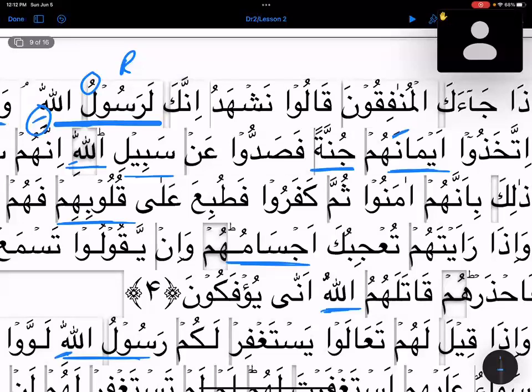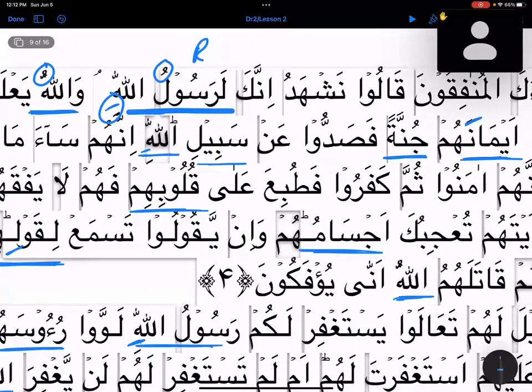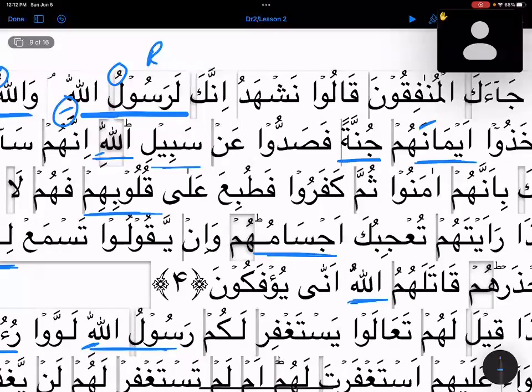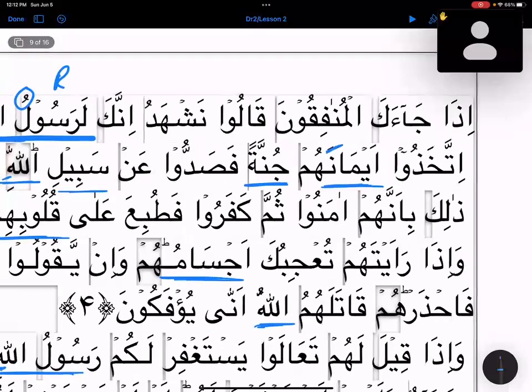Okay. And then Junnatan. What is the status of Junnatan? Aymana is Nasab, because I can see the Fatha over there. And what could be the status of hum? Now you tell me. Jar, because we are saying their oath.